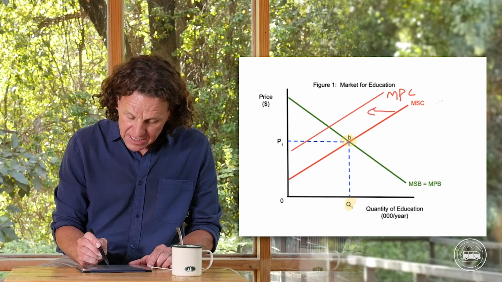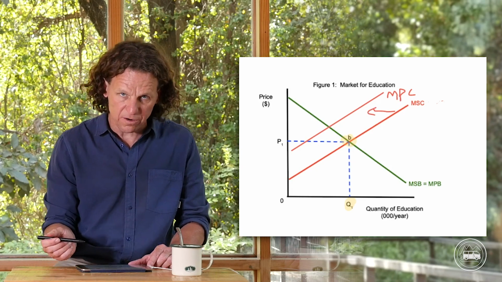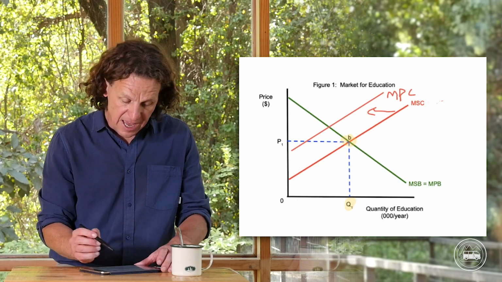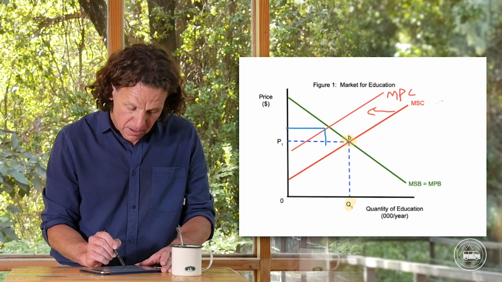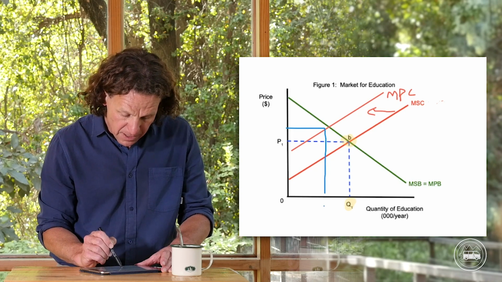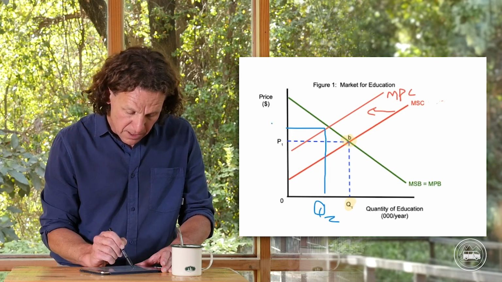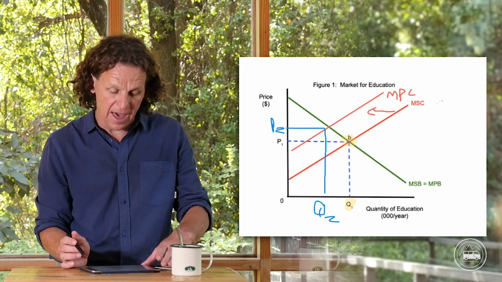So the MPC curve is going to shift inward. And that's because education is underproduced in an economy, okay? And that's going to create a Q2, P2 looking thing like that.